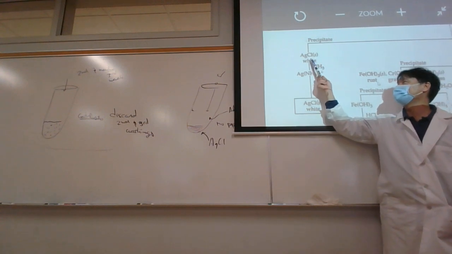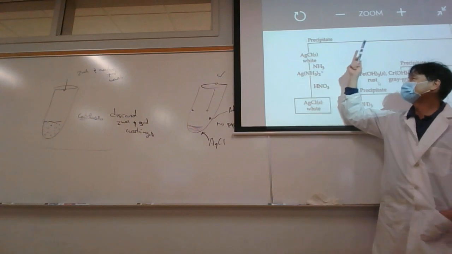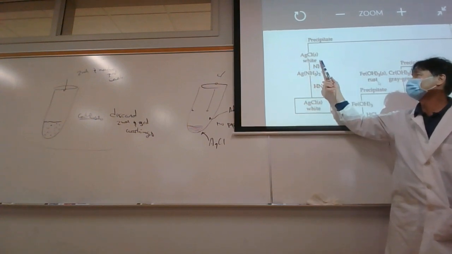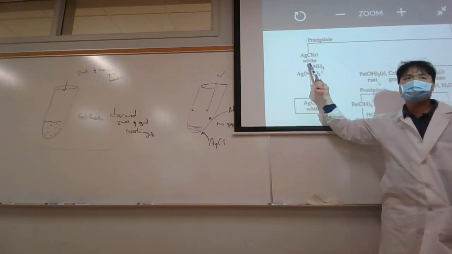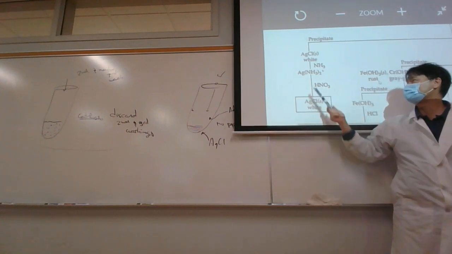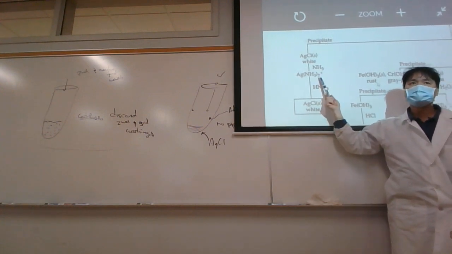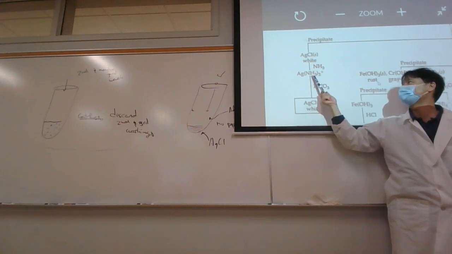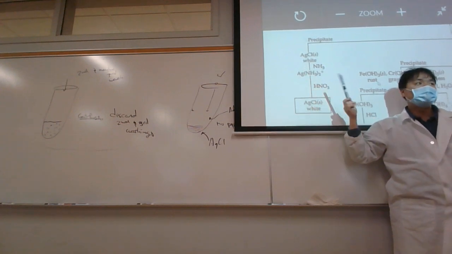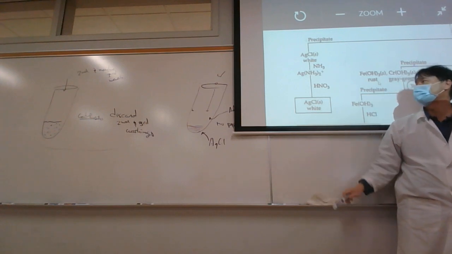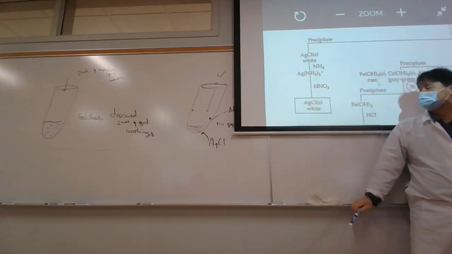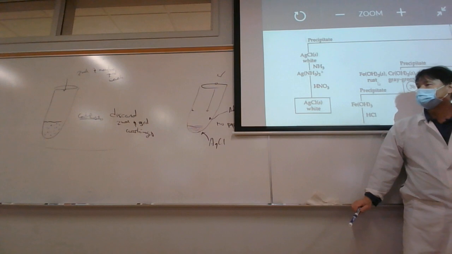The other cations would be lead 2 and mercury 1. If there were lead 2 and mercury 1 in our unknown, then we would have gotten white precipitate here. But the lead 2 does not form an amine complex, nor does the mercury 1. So the only one that forms an amine complex is silver. Why? That's what's observed. That's in the table. If we knew the theory well enough, maybe we could understand why.